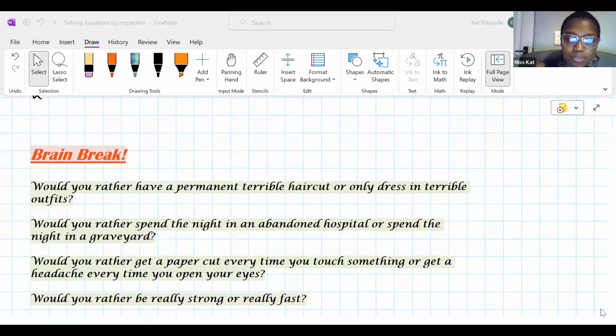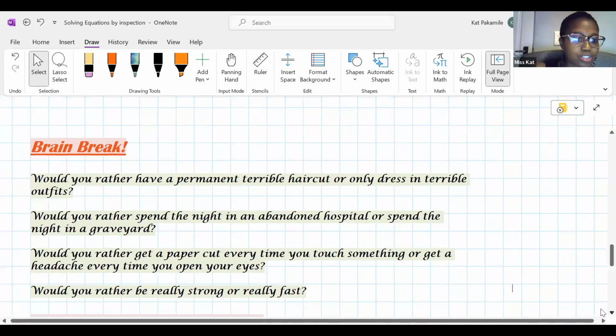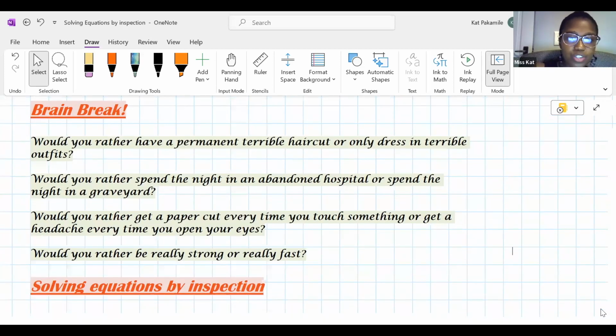Let's move on. We're continuing now with solving problems by inspection. If you have a question, raise your hand. Ma'am, I wanted to ask what section are we on in the previous work we've done?